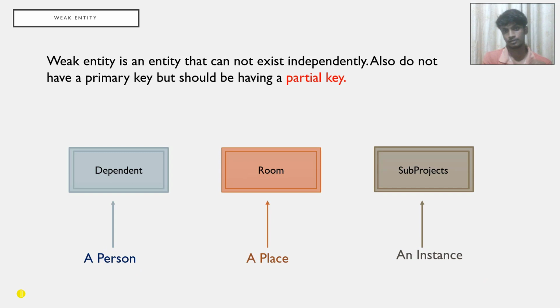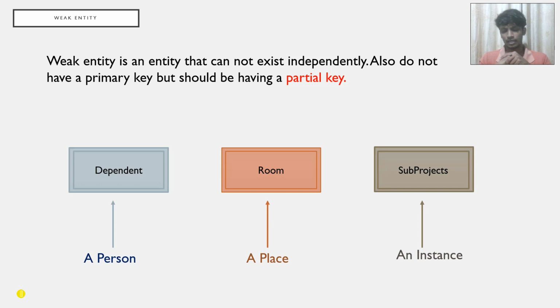The weak entity is the second type of entity. A weak entity is an entity that cannot exist independently and does not have a primary key, but should have a partial key. Weak entity cannot exist independently, which means there should be another entity attached to this weak entity. Otherwise this entity won't exist, and that's why we call it a weak entity.